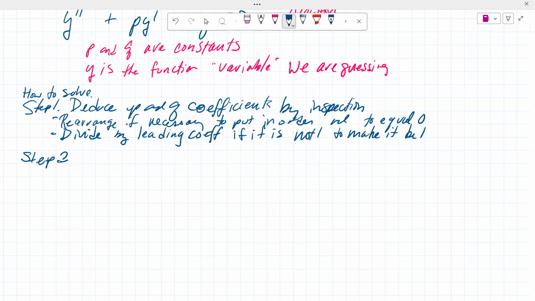Substitute into the auxiliary equation. This is why I said it's useful to tap the shoulders of our math friends. What does auxiliary mean? It means like supplementary.